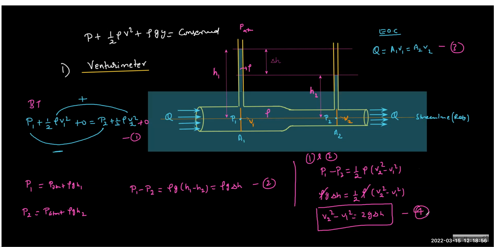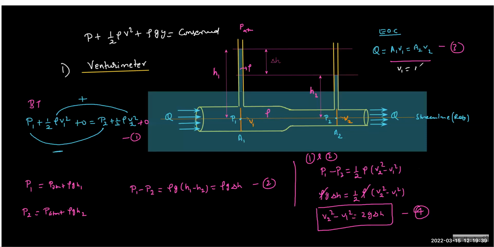Now, because we have the relation of V1 and V2, and we know the continuity will also give a relationship between V1 and V2, by substituting one of them, you can find the other value. So let's try to find the bigger value, V2. So V2 square minus V1 square, which you can write as, what is V1?